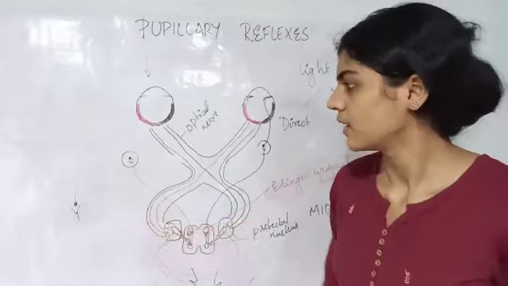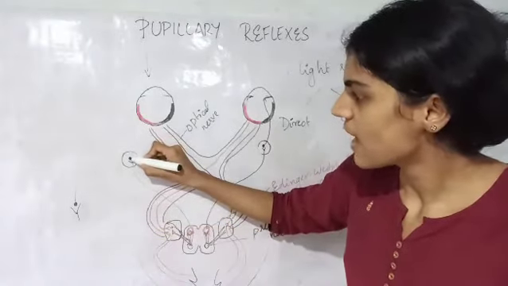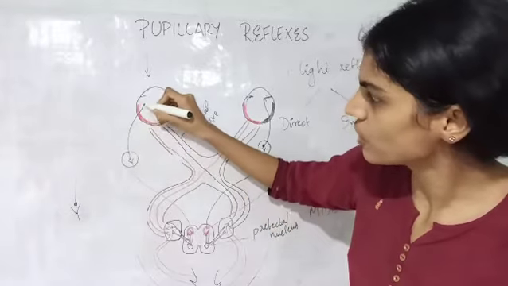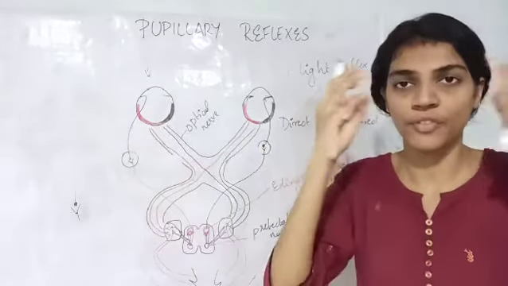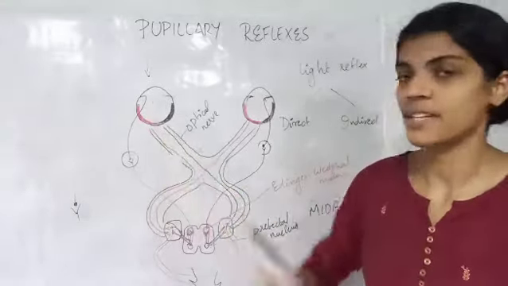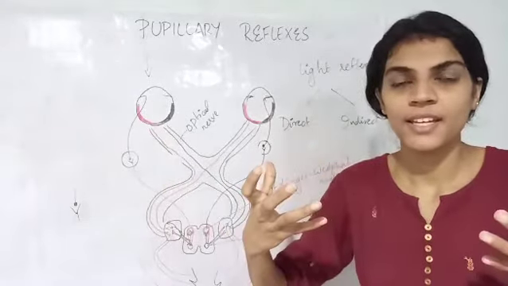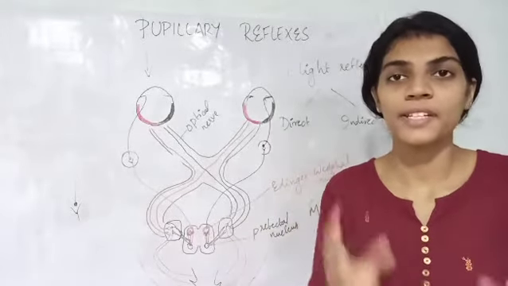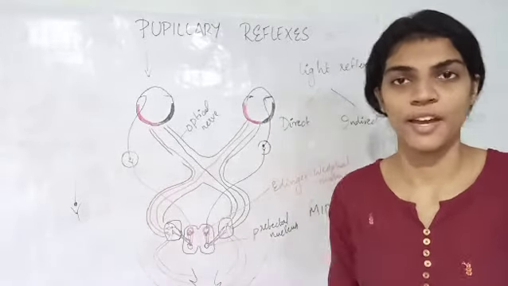Then the postganglionic nerve fiber moves directly onto the diaphragm of the eyeball, and these impulses will stimulate the diaphragm. Which part of the diaphragm? It is the constrictor pupillae of the diaphragm.